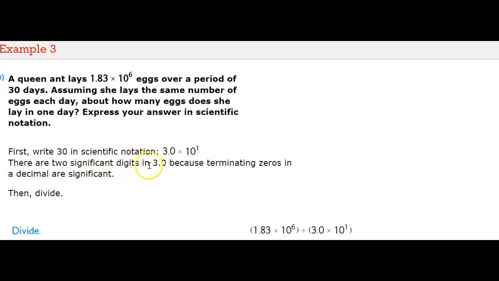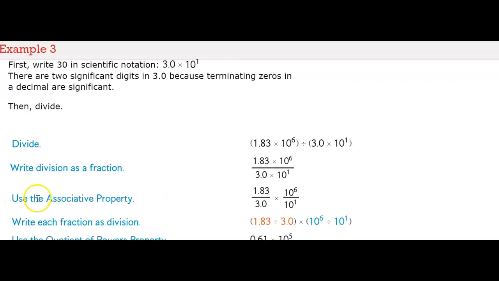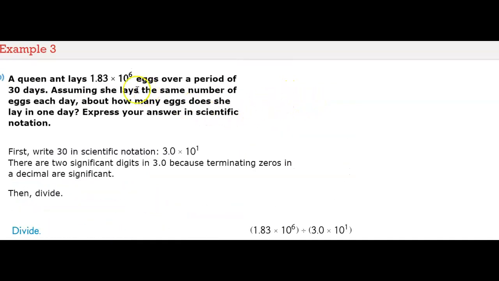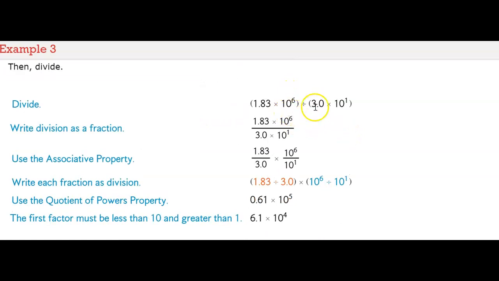There are 2 significant digits because terminating zeros in a decimal are significant, and terminating means it does not continue, it stops there. Then divide. So we take the 1 and 83 hundredths times 10 to the 6th power of eggs that she lays and divide that by the 30 days, which is represented by the 3.0 times 10 to the power of 1.